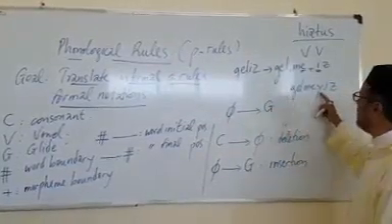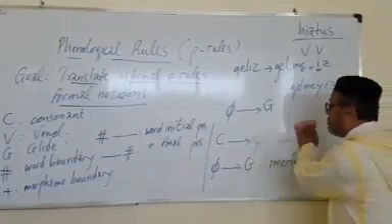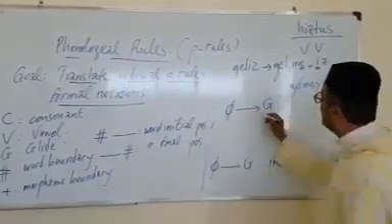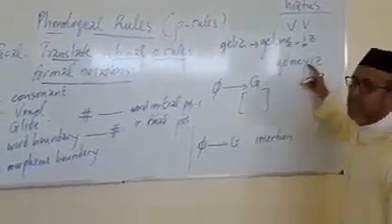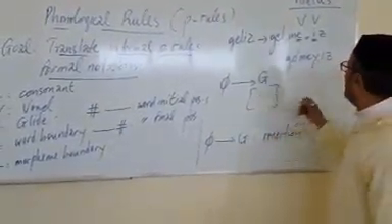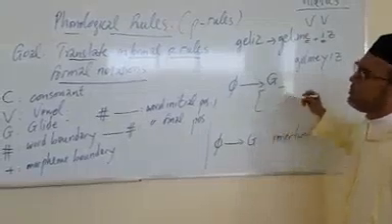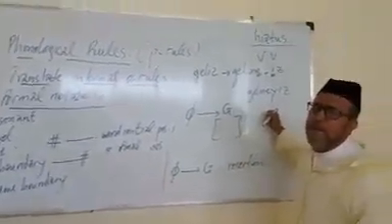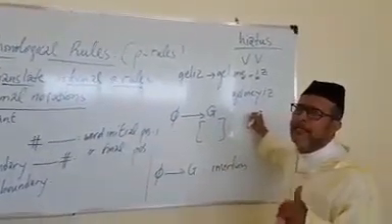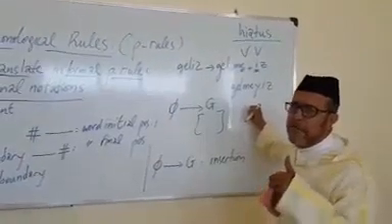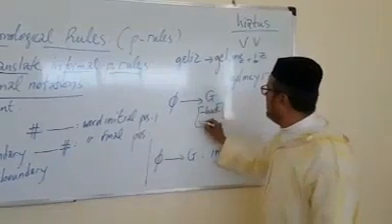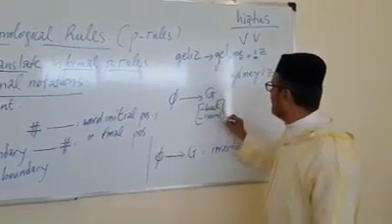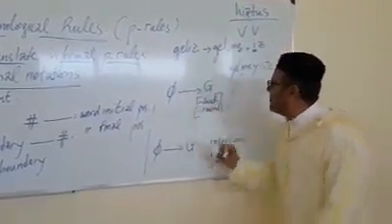Which glide is inserted? Well, we need to mention that too, to be very precise. We need to say which glide, because this is the glide y. How do you distinguish y from w, if you remember? Yes, y is minus back, minus round. Fine, good.